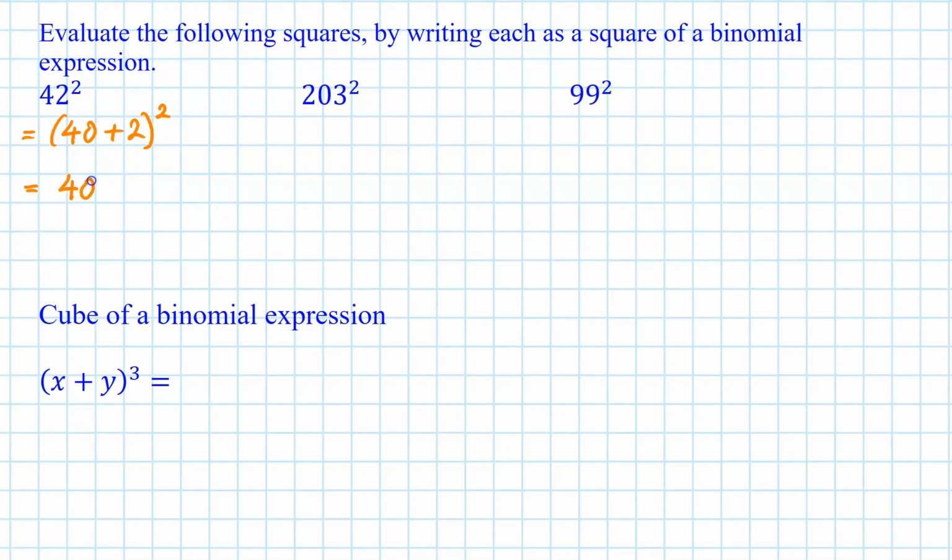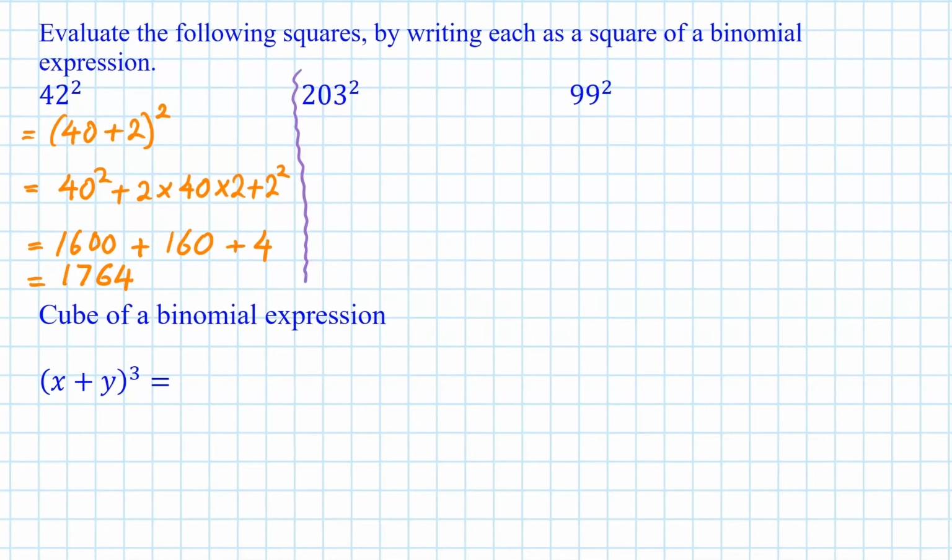So we get 40 squared plus twice the product plus 2 squared. So here we get 1600. Here we get 2 times 40 times 2, 80 times 2, 160. Therefore 1600 plus 160 plus 4. So the answer is 1764.